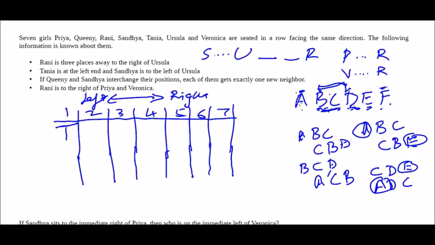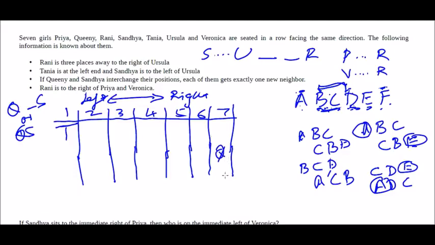So the scenario for Queenie and Sandhya is either you have Queenie, one person, Sandhya, left or right, doesn't matter, or the second scenario is when Queenie and Sandhya are together. It can be Sandhya Queenie, Queenie Sandhya, from left to right. And both of them don't sit at the end.